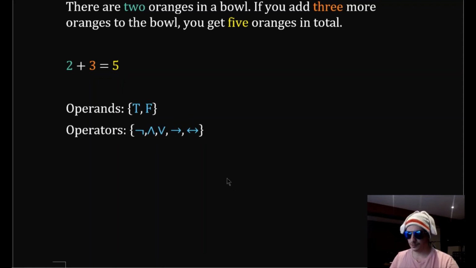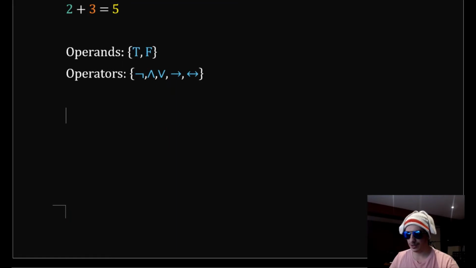Over here, on the next page, I'm just going to show you how these statements work. Okay, so the not operator. All we need to say is that not true equals false, and not false equals true.